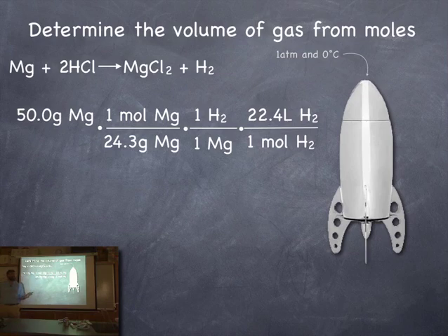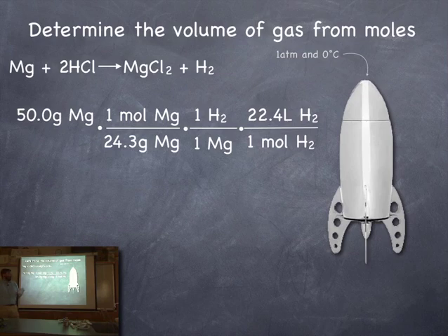If you're not at STP, you solve for the moles of hydrogen, substitute it into PV equals nRT, and solve for volume that way. This is simply doing that same thing, just fast, because we've pre-solved it. We've pre-solved the ratio of 1 mole of gas at 0 degrees Celsius and 1 atmosphere pressure.